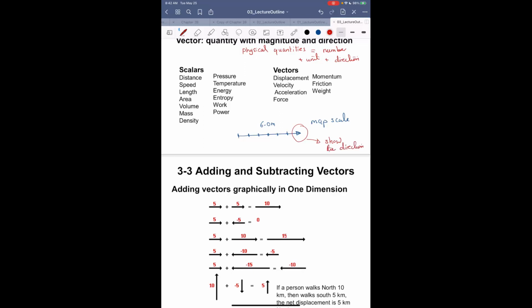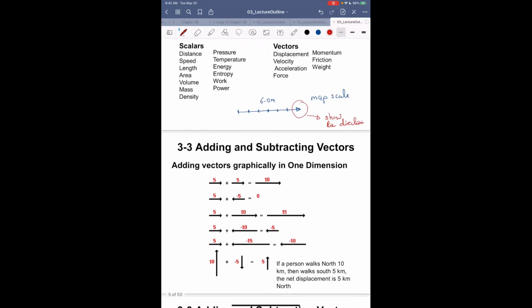Of course, this is from math. This makes sense when I am along just one dimension.